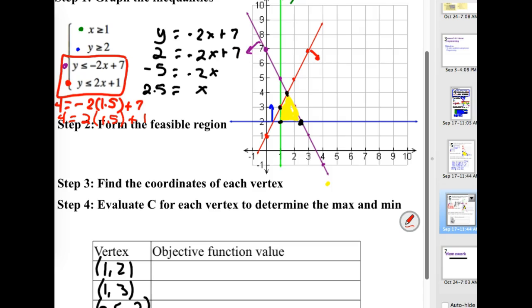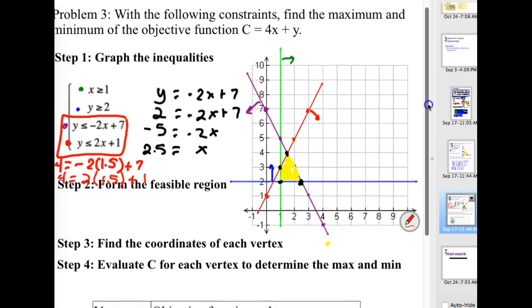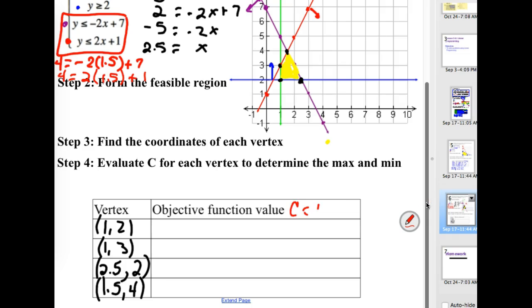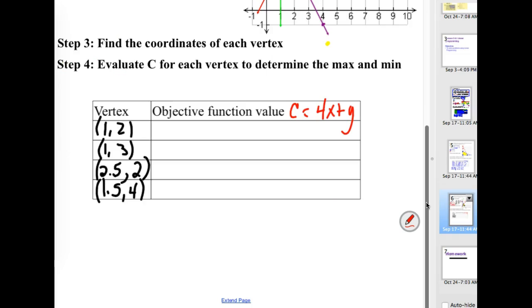Okay? All right, so we've got our corners now, our vertices, and our objective function was 4x plus y. All right, so let's evaluate for each of those vertices. So C equals 4 times my x plus my y. So 4 times 1 plus 2, which gets me 6.